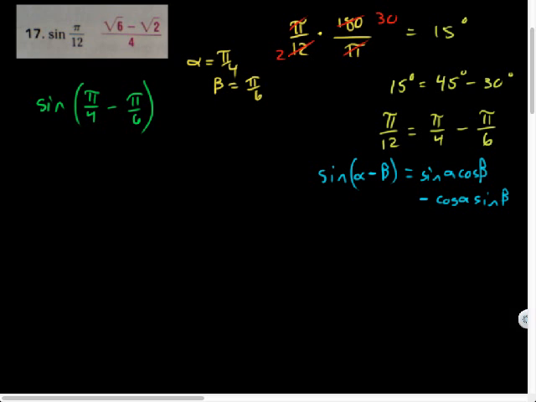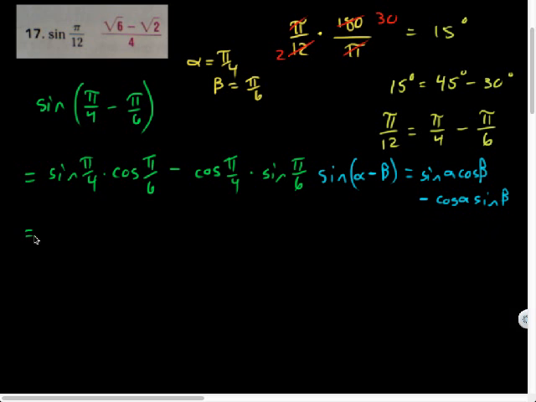So this is equal to sine alpha, sine of pi over 4, multiplied by cosine beta, cosine pi over 6, minus cosine alpha, cos pi over 4, times sine of beta, which is pi over 6.